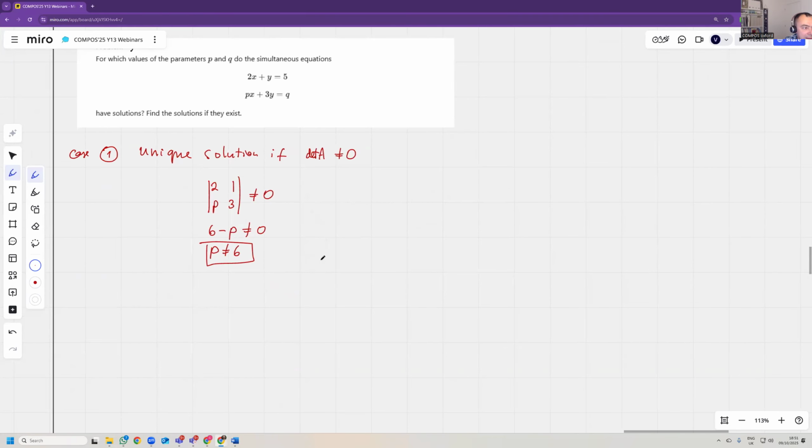So we can say y is equal to minus 2x plus 5. So px plus minus 6x plus 15 equals q. So x is equal to q minus 15 divided by p minus 6.